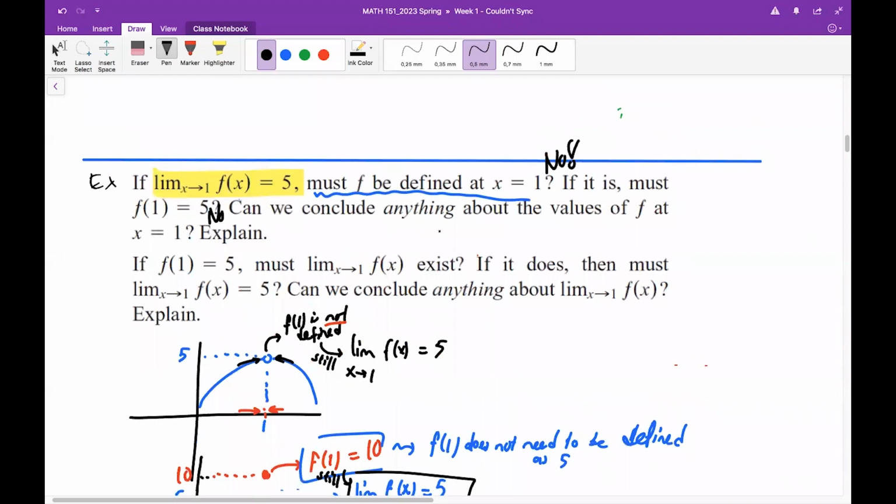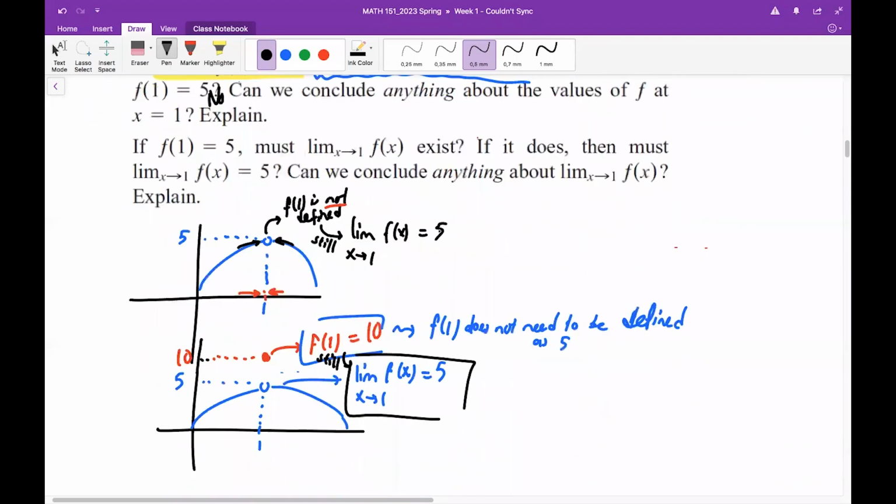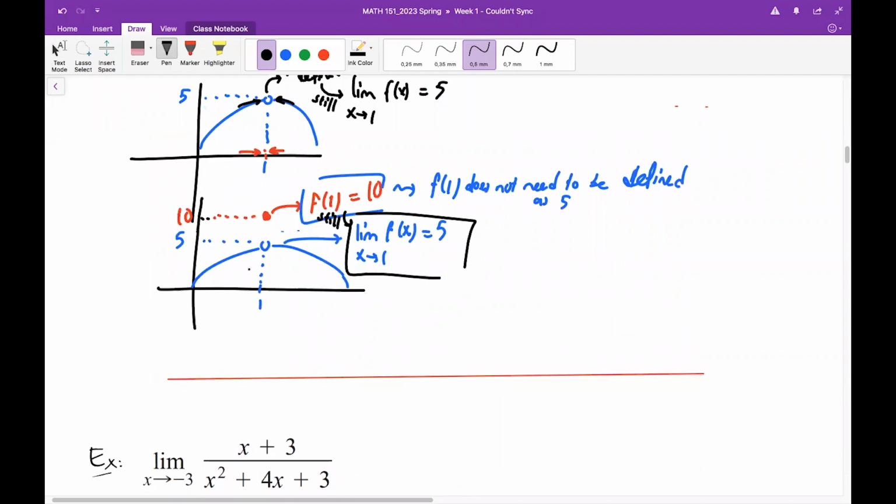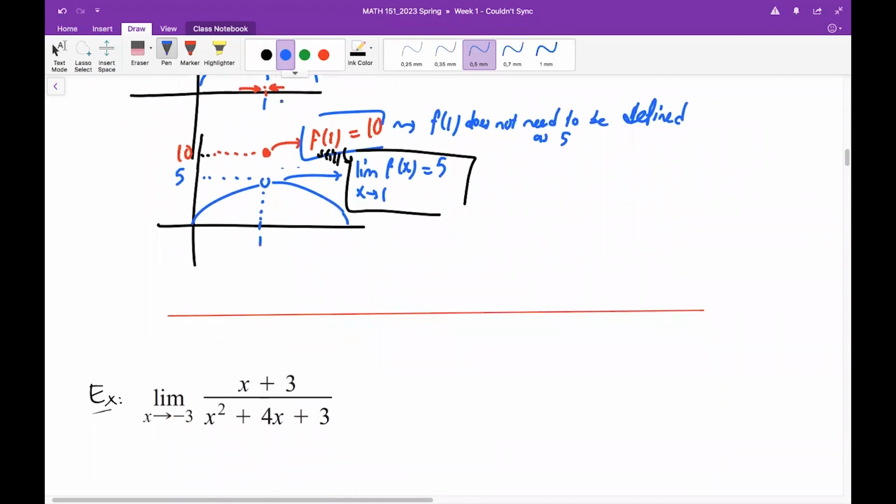Can we conclude anything about the values of f at x equals 1? Okay, can we say anything about the definition of this function f at x equals 1? This question is about where to put this dot. I can also put that dot here, for example, here or here, and it won't violate the fact that limit is still 5, right? So we cannot conclude anything about the value of 1 for this function.